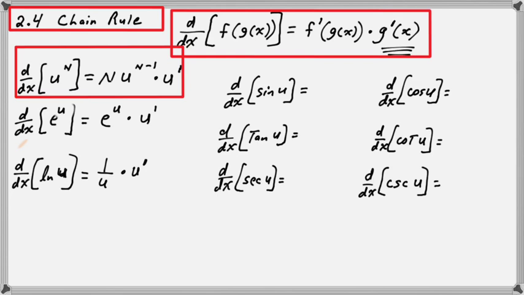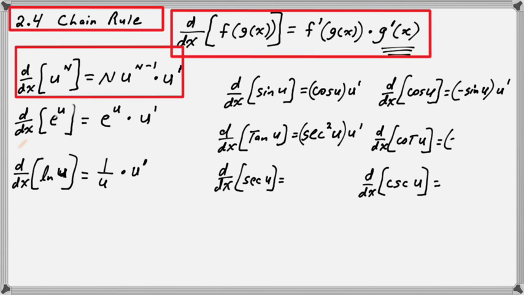It's also going to change all of our trig derivatives. Derivative of sine is still cosine, but now it's times the derivative of the angle. The derivative of cosine is still negative sine, but again times u prime, the derivative of the angle. Derivative of tangent is secant squared of the same angle times the derivative of the angle.